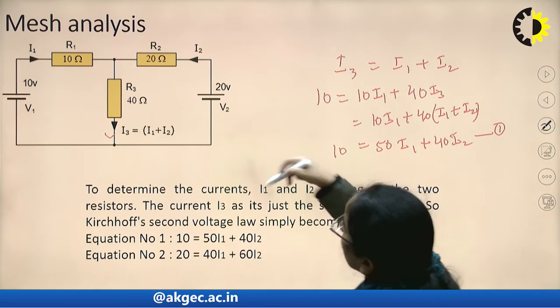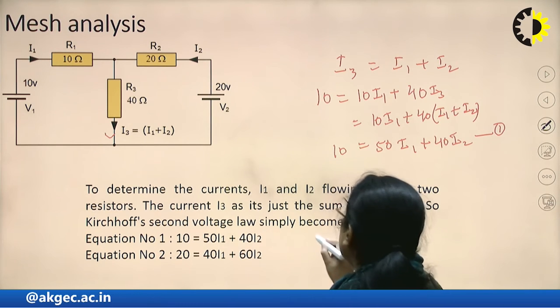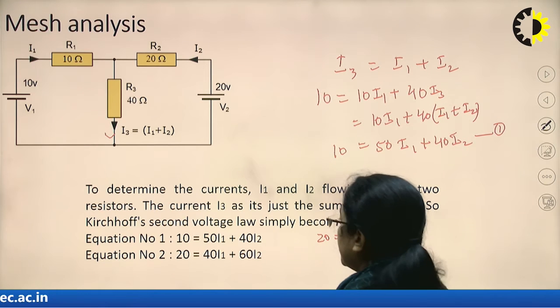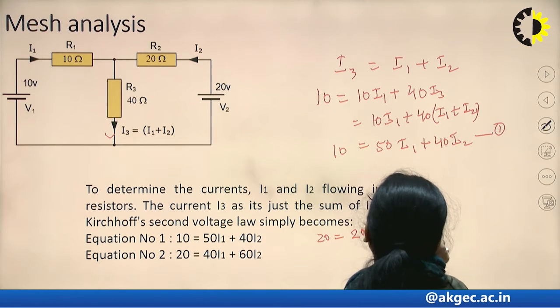Again, if we write the equation for this other part, we get 20 equals 20 I2 plus 40 I3.